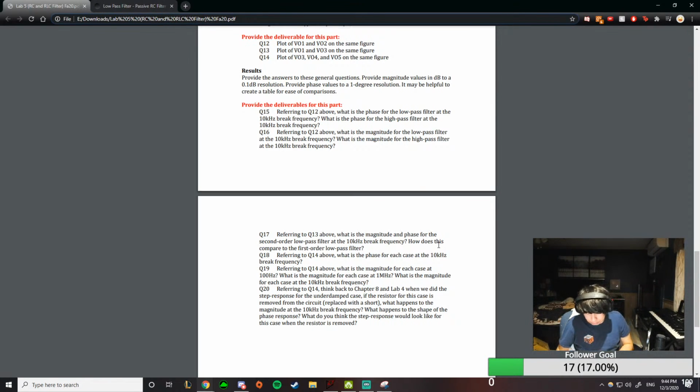I think the magnitude is the same for both, but then is the angle different? The R2s can cancel out. Oh, wait a second.